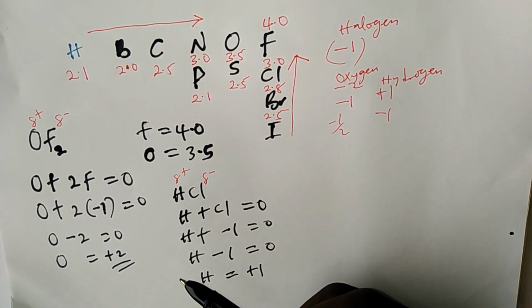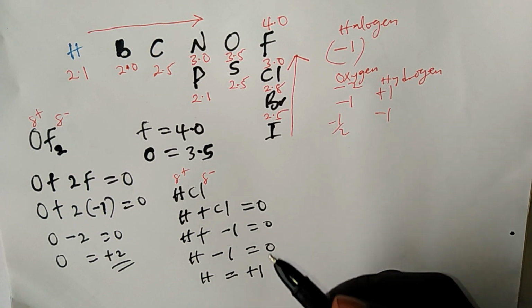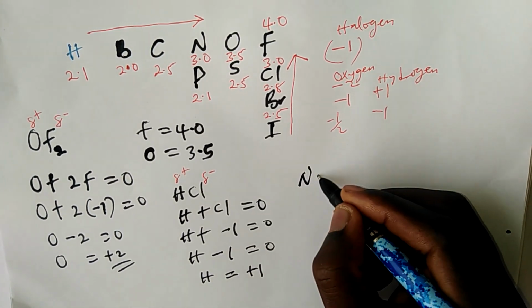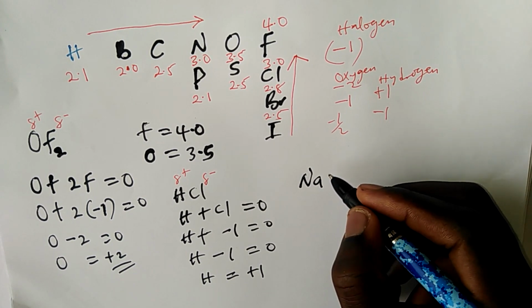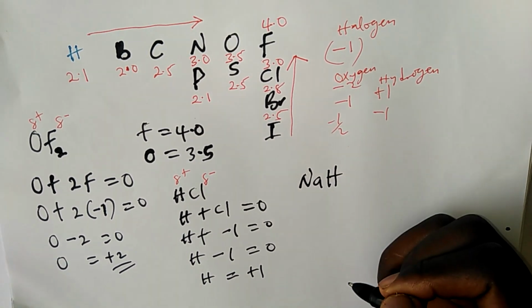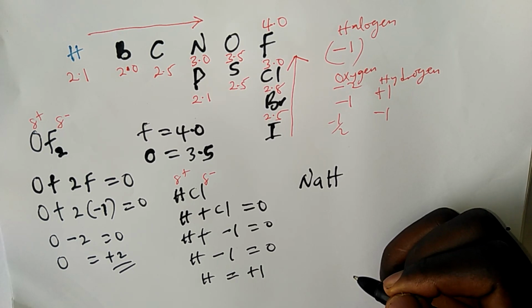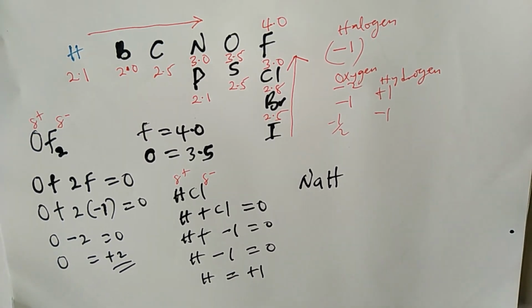Now, let's take another example. Let's say we have sodium hydride, right? Now, how do we get the oxidation number of this particular compound?